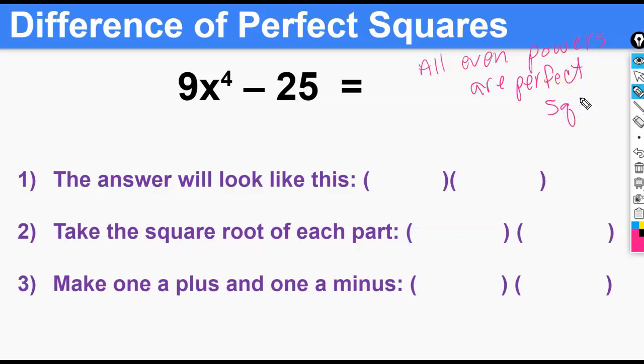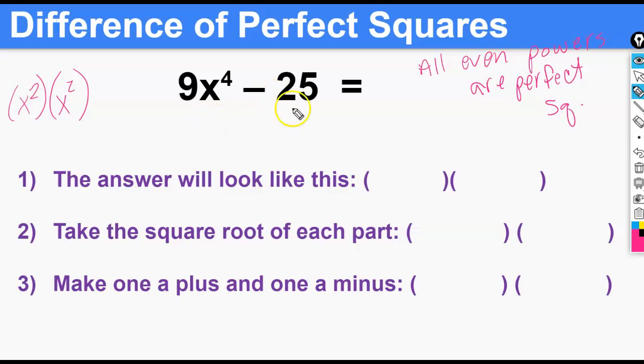X to the 4th is x squared times x squared. So that's taking something and multiplying it times itself. So any even power, x to the 6th, x to the 8th, x to the 12th, any even power is a perfect square. So that is a perfect square as well.